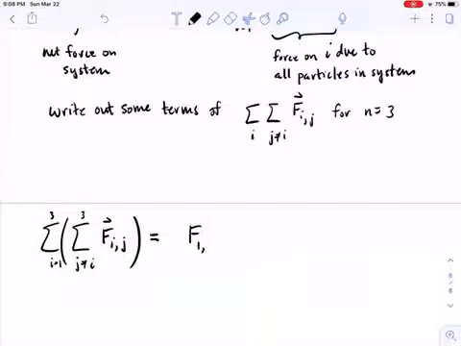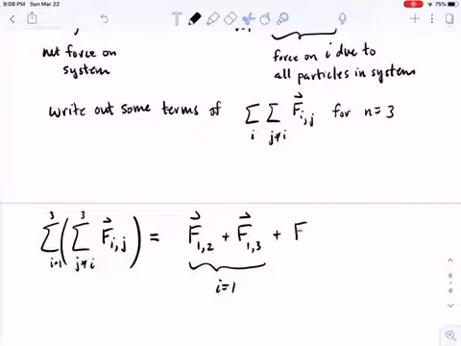There's no force on particle 1 due to itself. So the first one we get is 2. And then we still have i equals 1, and then we go to j equals 3. And then that's where we stop, because we said n equals 3, so we can't go any higher than that. So these are the i equals 1 terms.